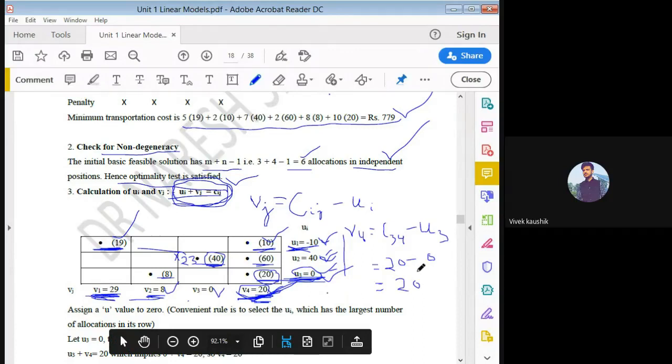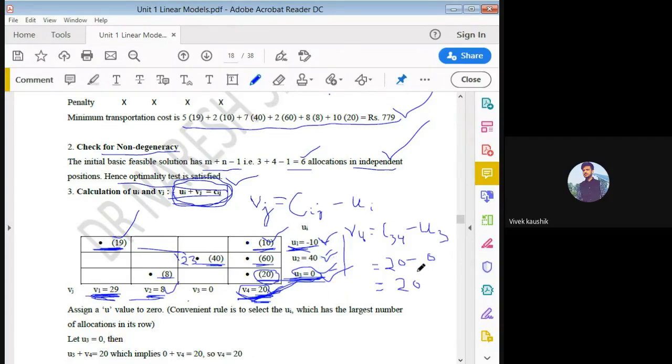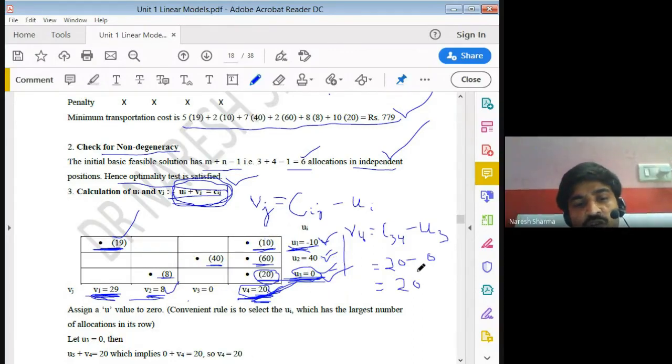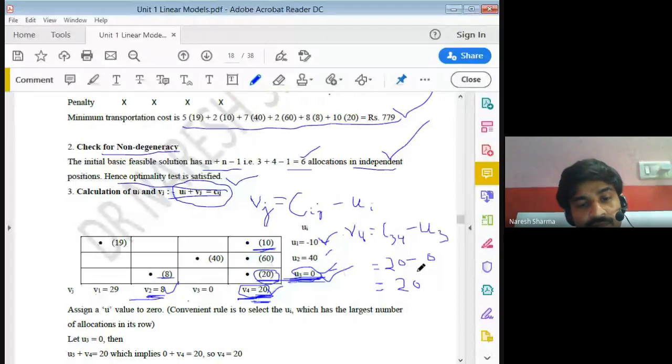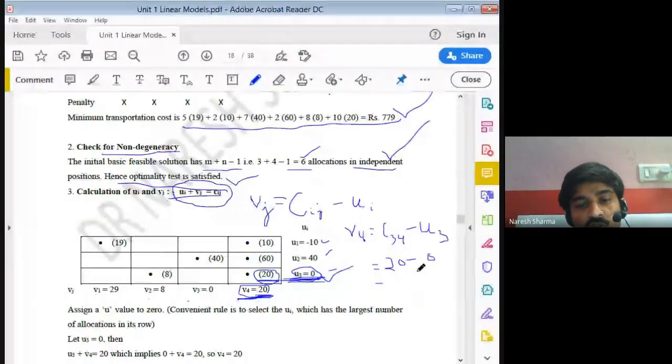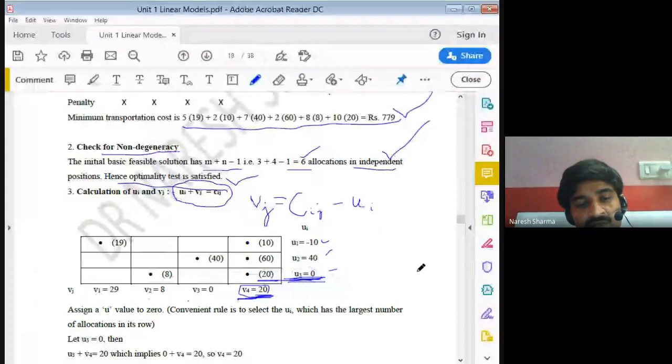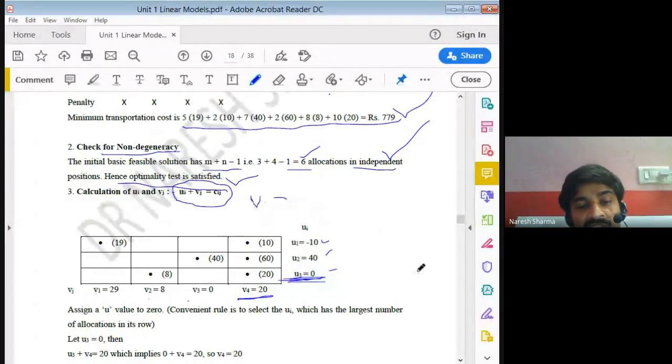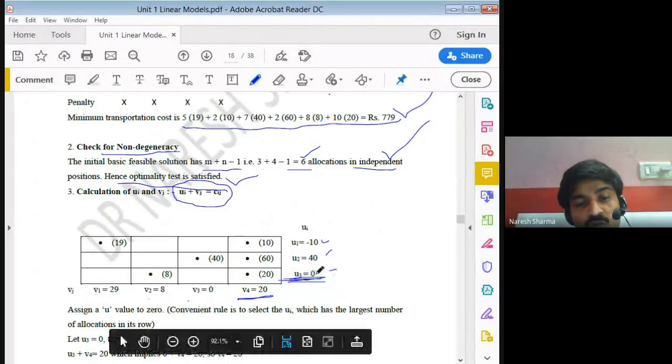In the starting we choose only one value equal to 0, so I have chosen U3 only. Only one value you can choose 0, or in an emergency you can go for a maximum of 2 values. The remaining should come through the calculation only. Like here I choose this equal to 0.